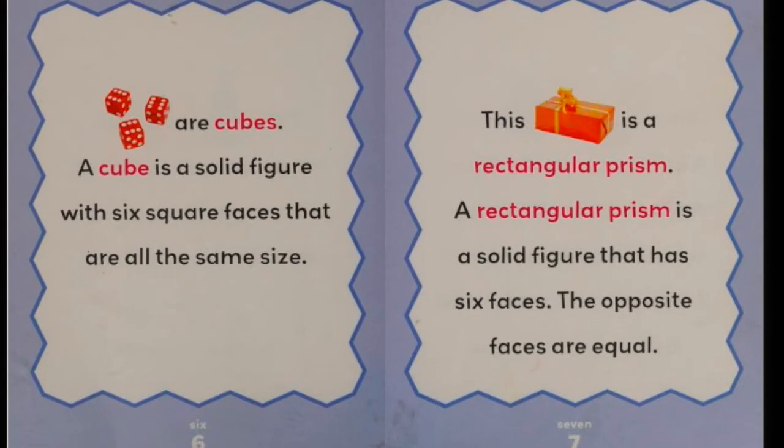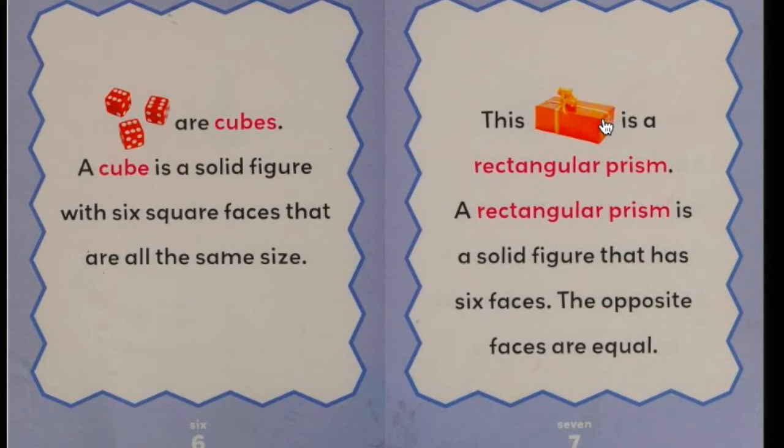Dice are cubes. A cube is a solid figure with 6 square faces that are all the same size. This present is a rectangular prism. A rectangular prism is a solid figure that has 6 faces. The opposite faces are equal.